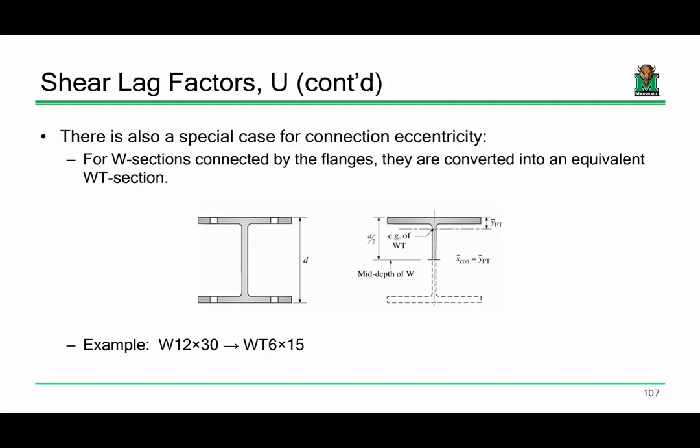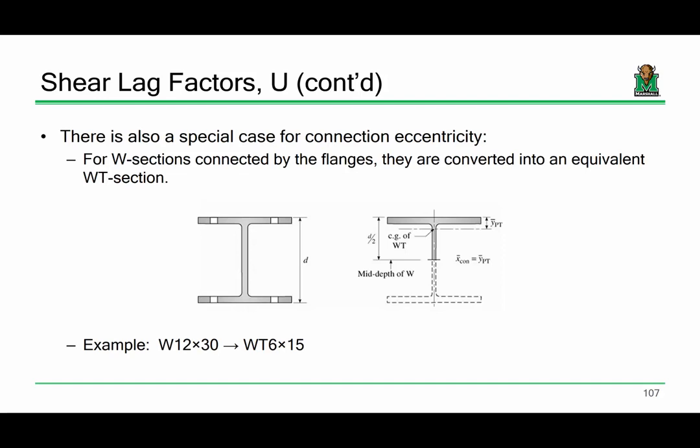An equivalent WT means taking your samurai sword or lightsaber and chopping this thing in half. Its depth gets cut in half and its weight gets cut in half. So the connection eccentricity for a W12 by 30 would be the Y bar for a WT 6 by 15. And there is a corresponding WT for every W section in the manual.